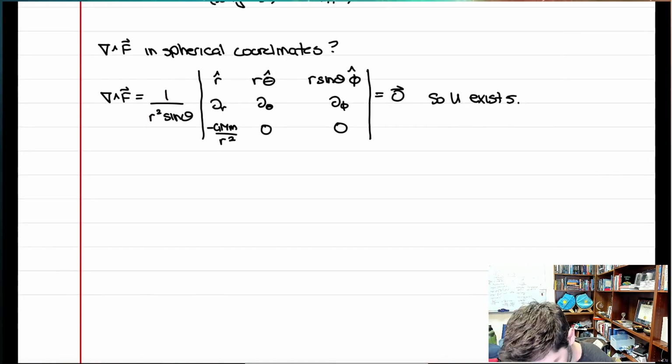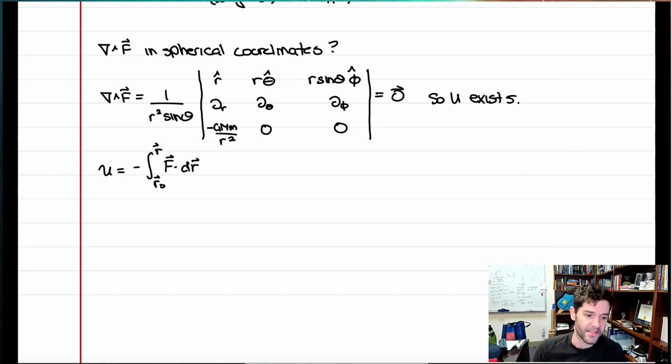Well, the potential energy function, which again is defined as negative, from some reference point to some arbitrary point, of this force vector dotted with some dr, where that dr is some path that takes me from my reference point to some arbitrary point.